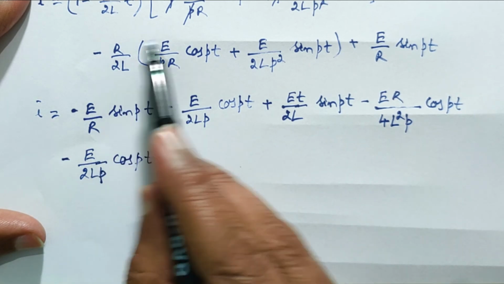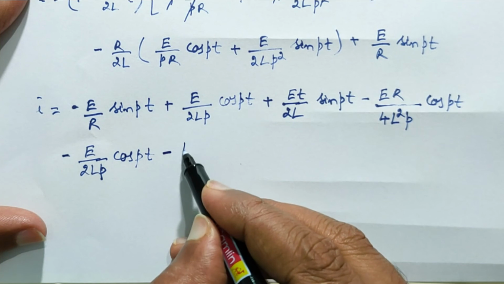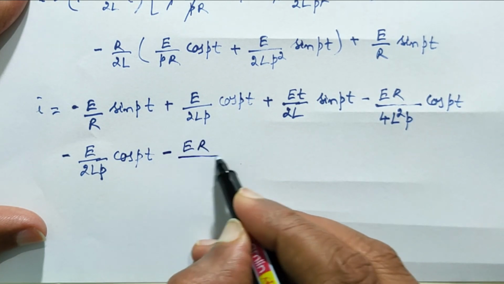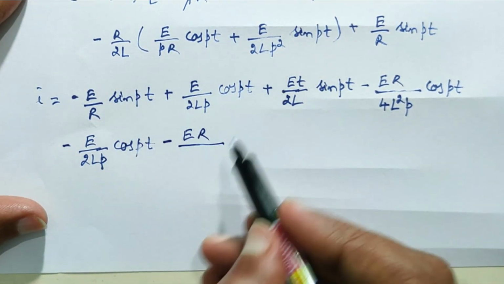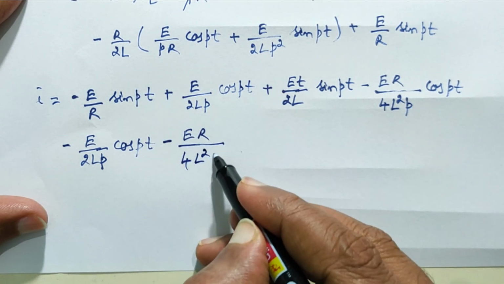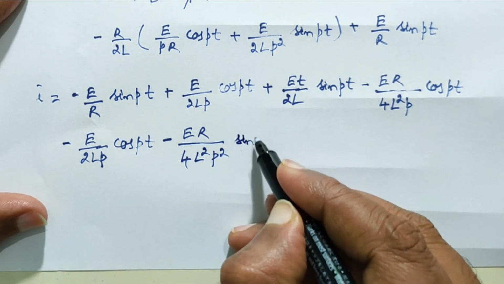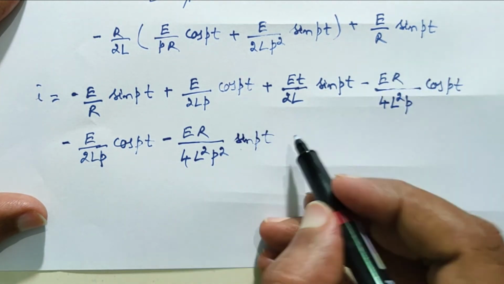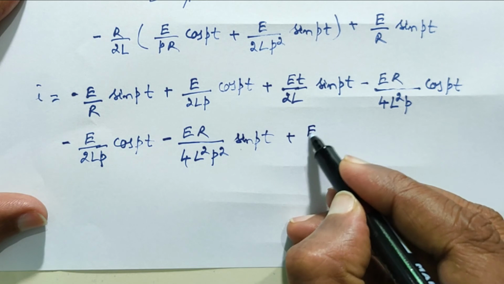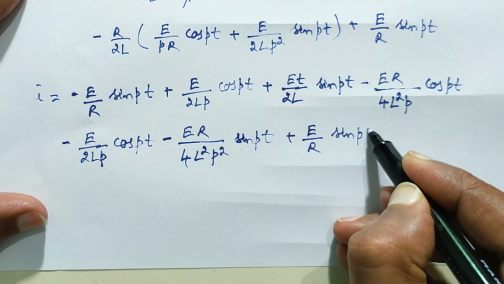Again multiply this one, plus into minus will be minus, you have E into R, that is ER divided by 2 times 2 will be 4, L into L will be L square P square into sine of PT. Then the last term will be plus E by R into sine of PT.